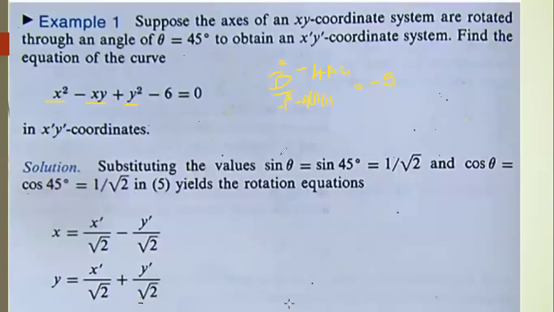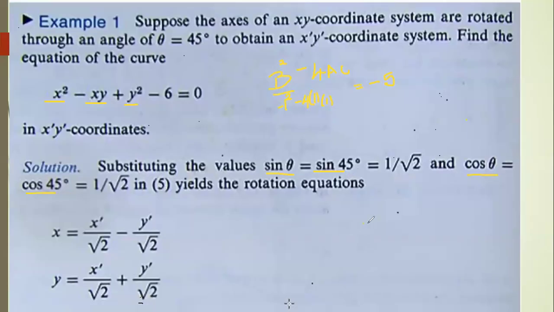So how do we get it? Basically, we're substituting the values of sine theta, which is equal to sine 45, and cos theta, which is equal to cos 45, into the equations that Ms. Benita just looked at.